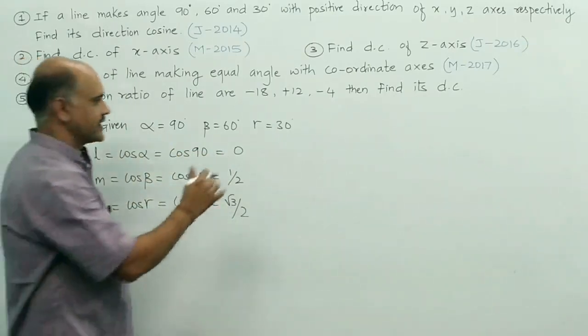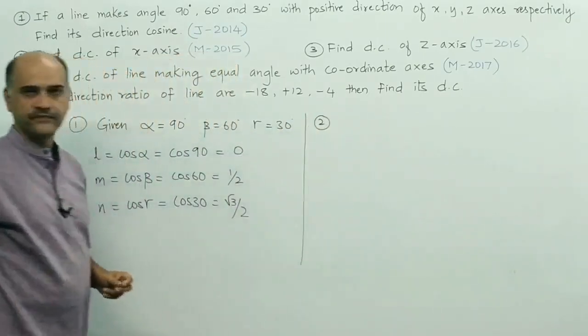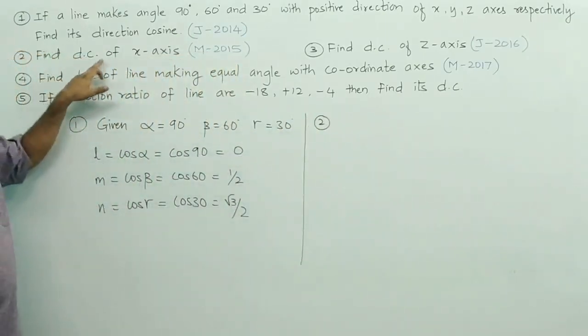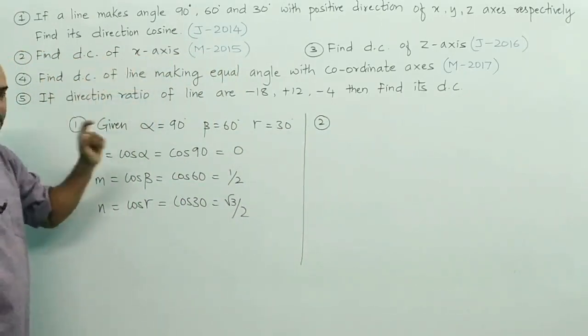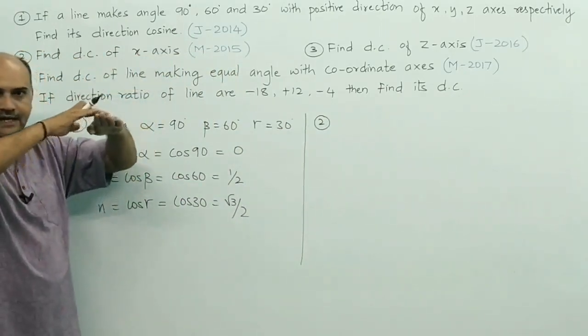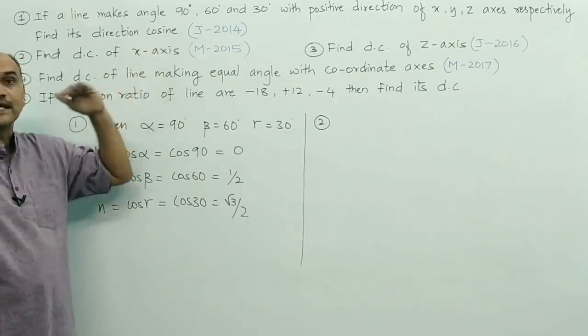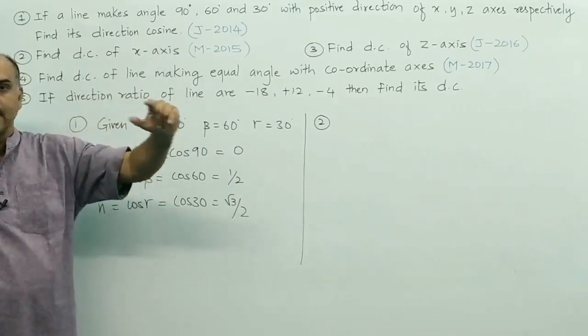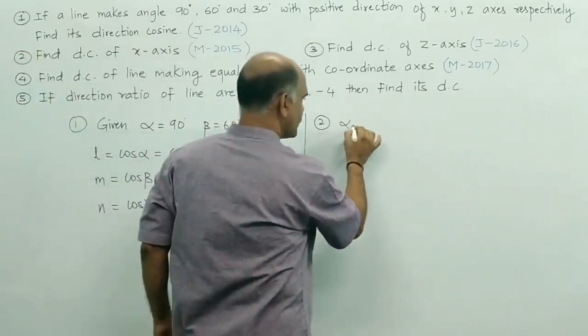Now similarly, the second one. Find the direction cosines of x-axis. Here alpha is the angle made by the line with x-axis. Since he has given x-axis only, it is parallel to x-axis or coinciding, so alpha will be equal to 0.